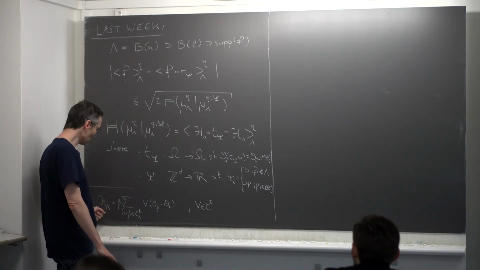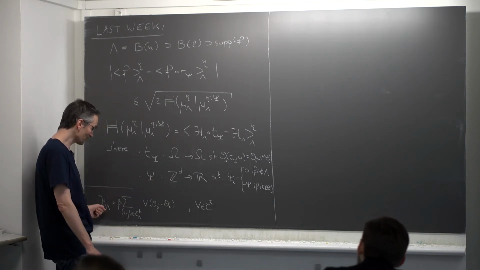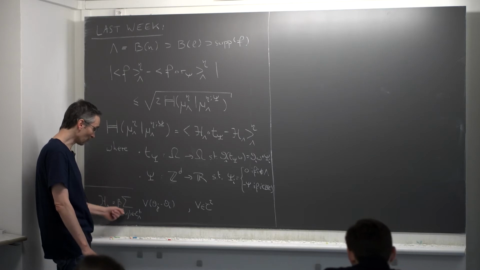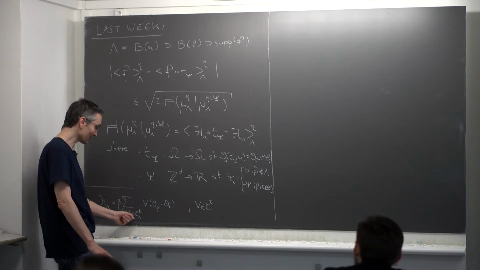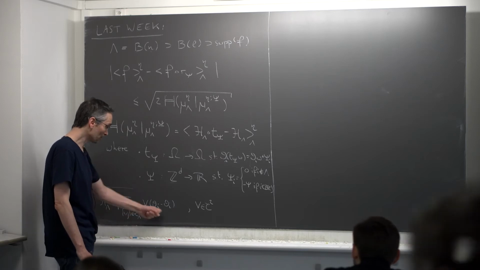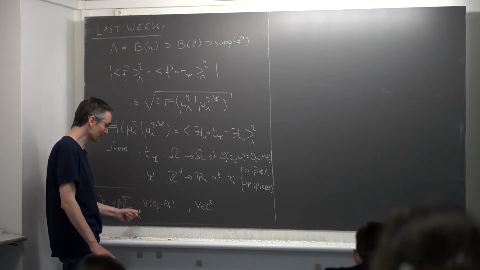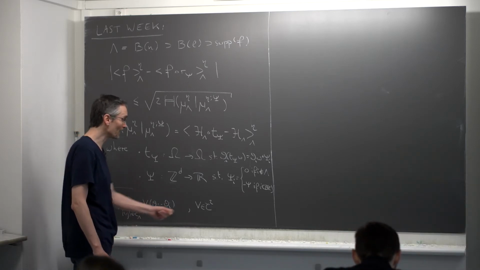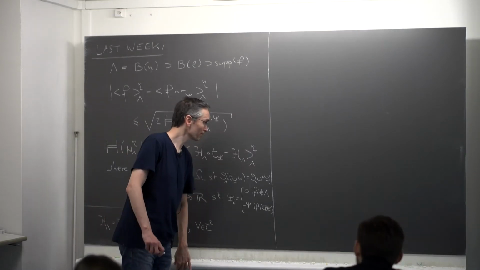And just to remind you also, the Hamiltonian of the model we are considering is of the form beta times the sum over all pairs of neighbors intersecting the box lambda of some function v of the difference of angles. And this function v, the only assumption we make is that it's C2.